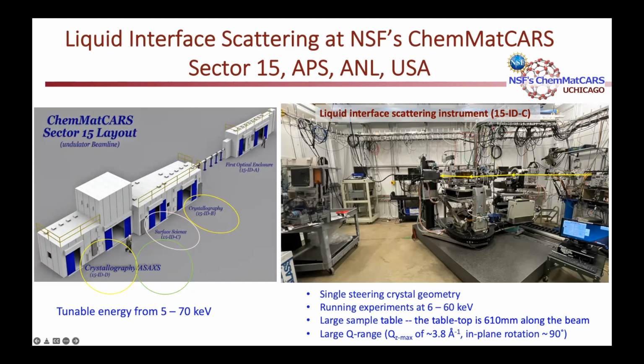We run experiments at about 6 to 60 keV. We have a very large sample table, which can accommodate bulky and large sample environments, and quite a lot of detectors for different kinds of experiments.